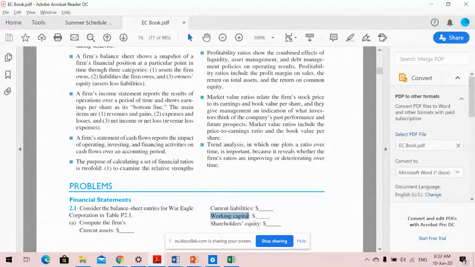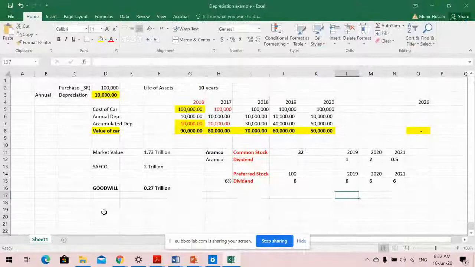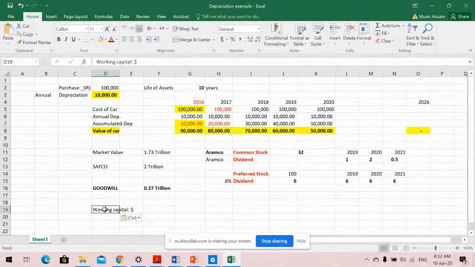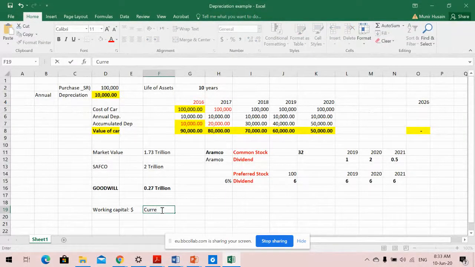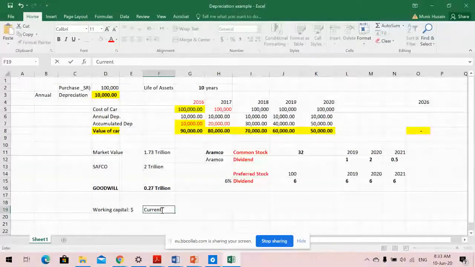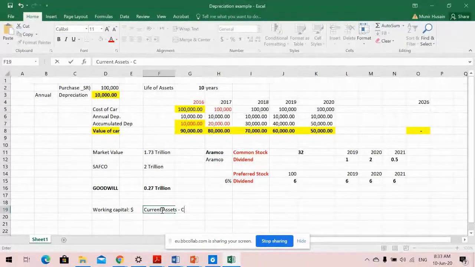Next one is working capital. What is working capital? I'll explain again. Working capital is current assets minus current liabilities.